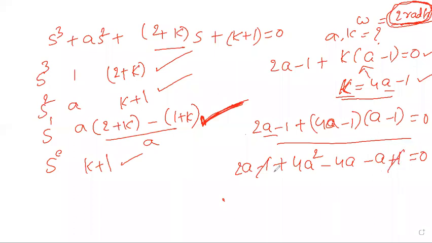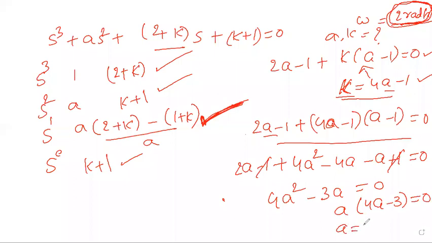So finally, 4a square minus 4a minus a minus 5a plus 2a minus 3a equal to 0. Take a as common. a into (4a minus 3) equal to 0. So what is the value of a? a equal to 0 or a equal to 3 by 4.